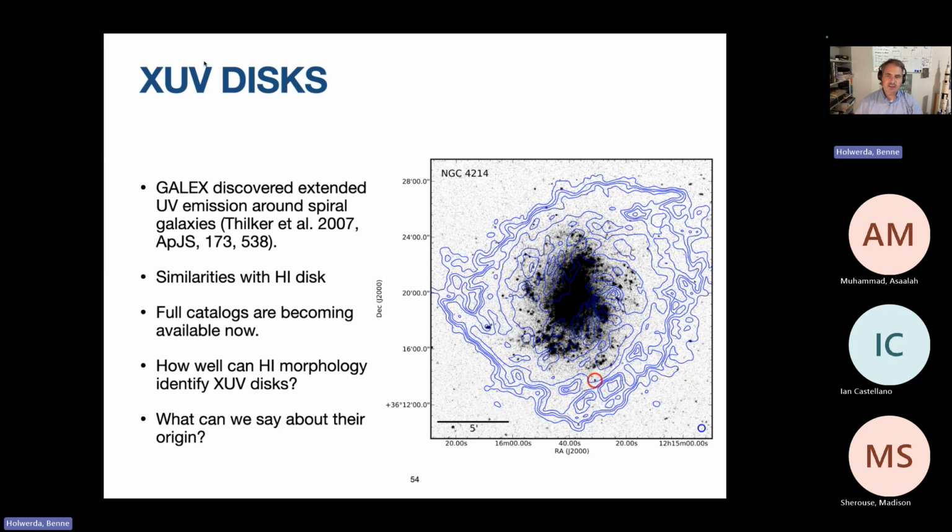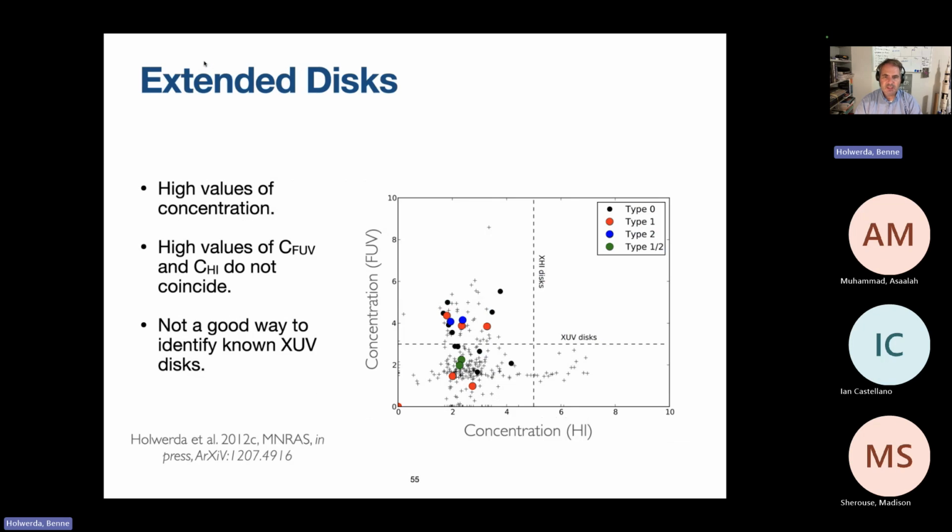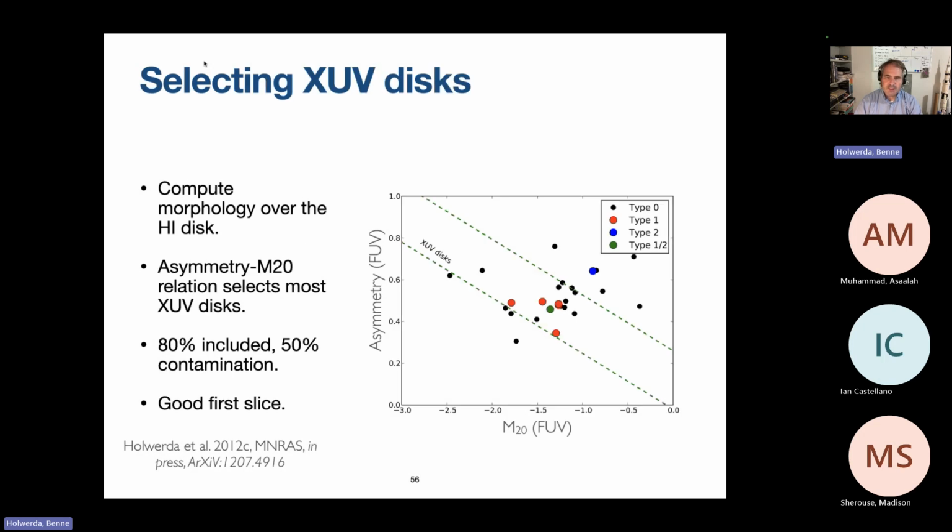Well, can we do that better? You can cut out the H1 contour and say this is all the H1 disk, so all the little black dots in there are star-forming regions in that gas disk, so they belong to this galaxy. And so you can find extended UV disks, known as XUV disks, that way. You can do it with concentration and asymmetry, or M20 and asymmetry, and see where those lie.